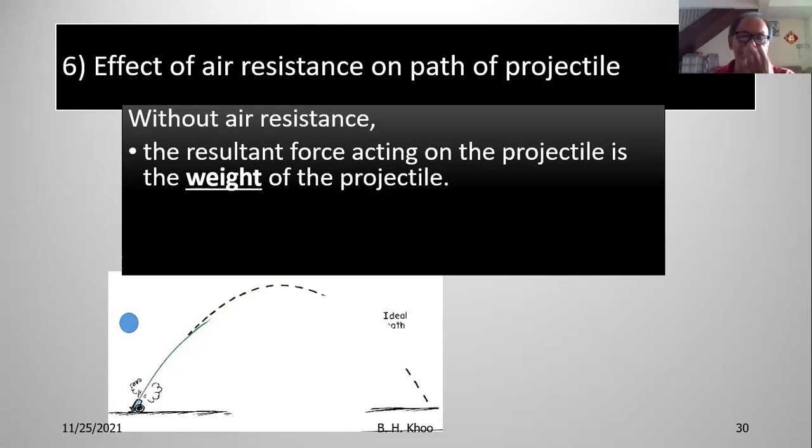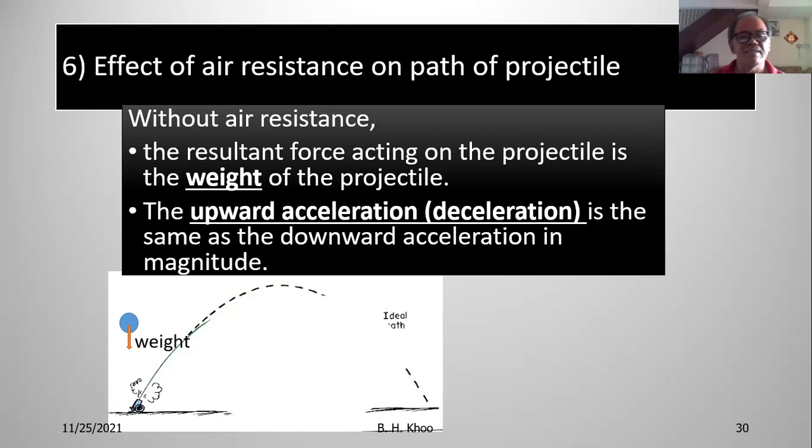Usually we use a heavy object, then air resistance will be negligible. So the thing that's acting is the weight. In this case, with no air resistance, the deceleration when going up is the same as the downward acceleration in magnitude.